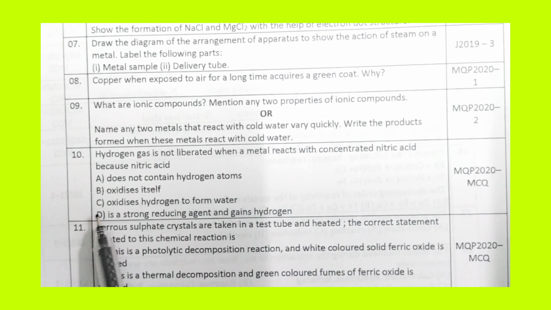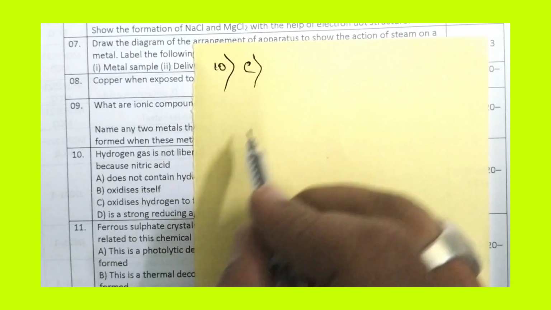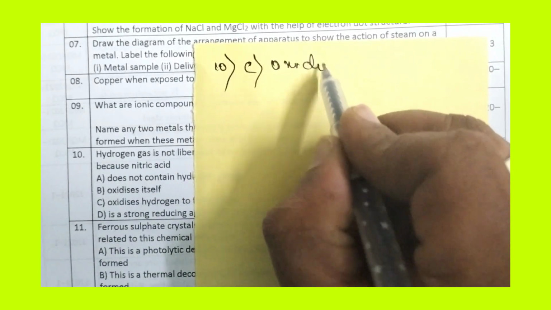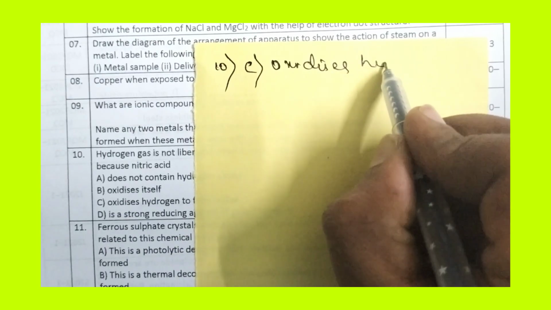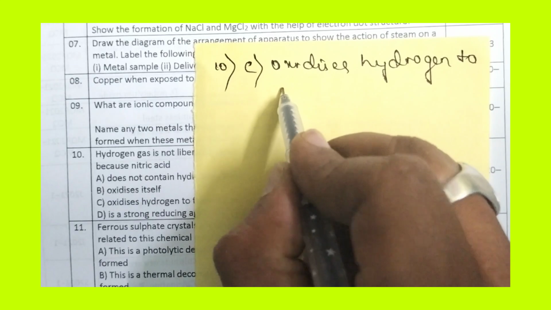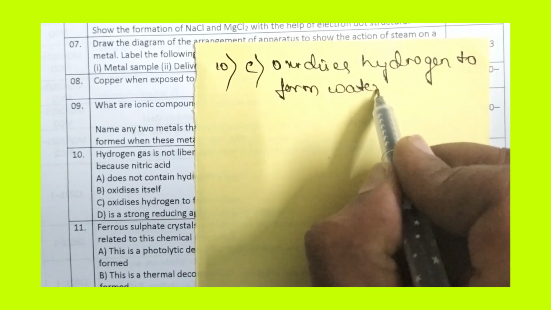So the right answer is option C, oxidizes hydrogen to form water. So for the 10th question, the answer is option C, that is oxidizes hydrogen to form water. So this is the answer for the 10th question.